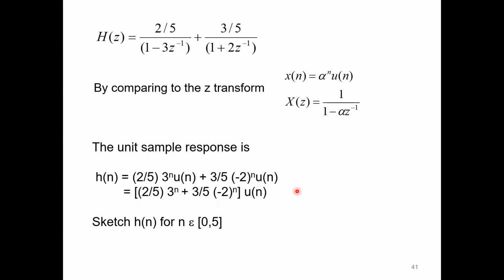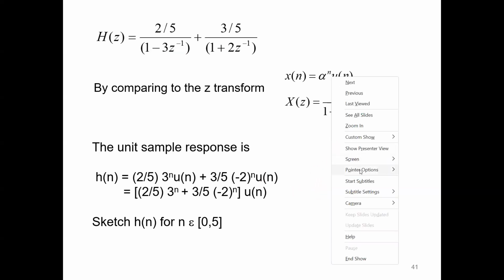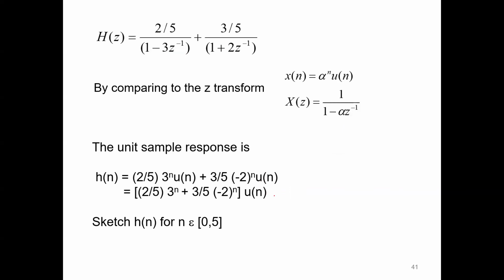Now, this is your solution: the inverse z transform of that z transform. If you substitute n equals 0, you can work out that sample. If n equals 0, that is the first sample. You can see this is 2 over 5 times 3 to the 0.